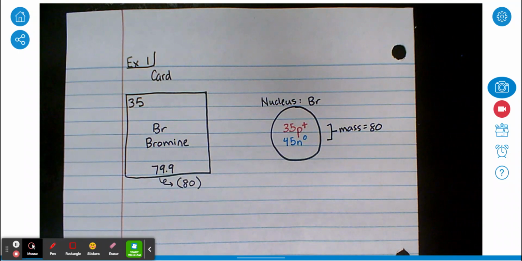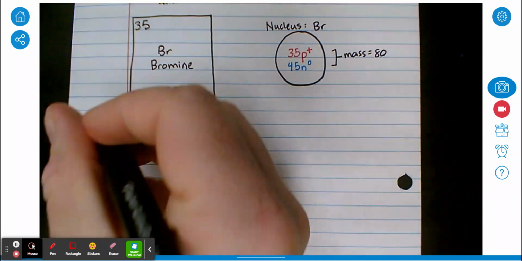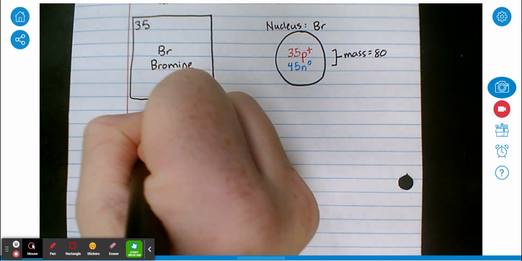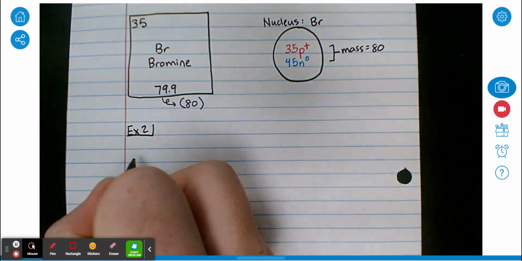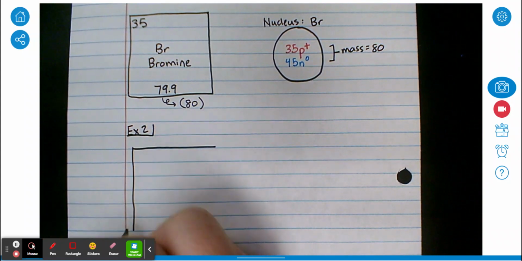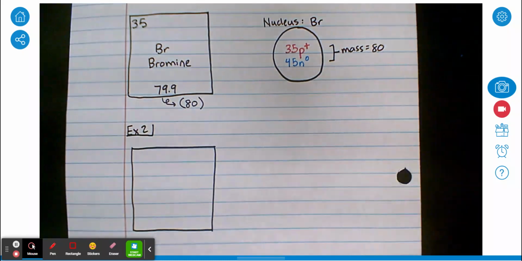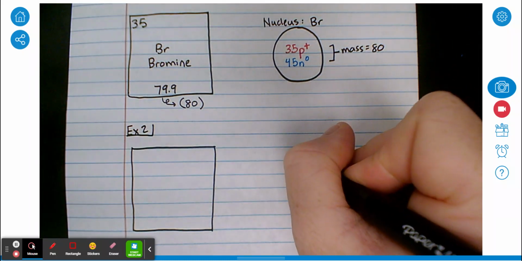Example 2, let's apply the same logic and work it backwards. So in example 2, your card is going to be blank and your nucleus is going to be filled.